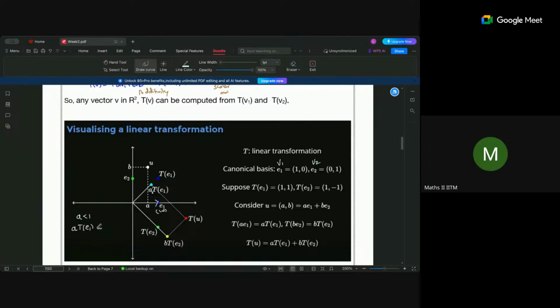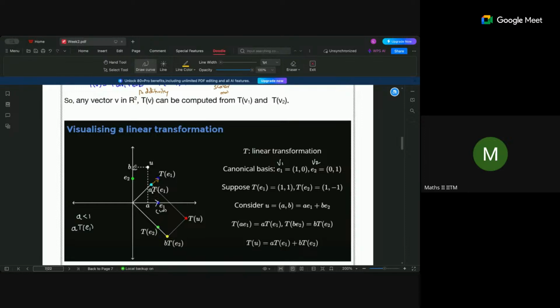Will the vector get shrunk or will it extend? Shrunk. Yes. This is the actual vector TE1, up to here. But A times TE1 is here. It is on the same line, but the magnitude is shrunk.